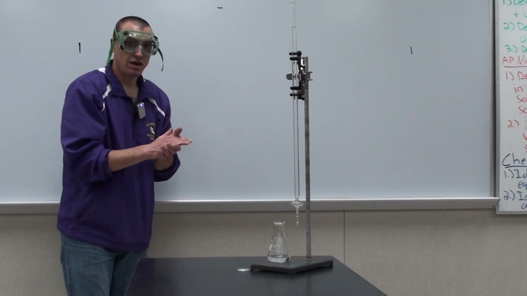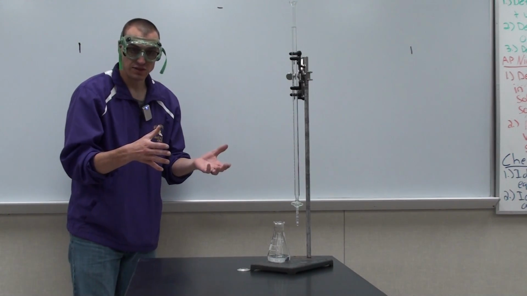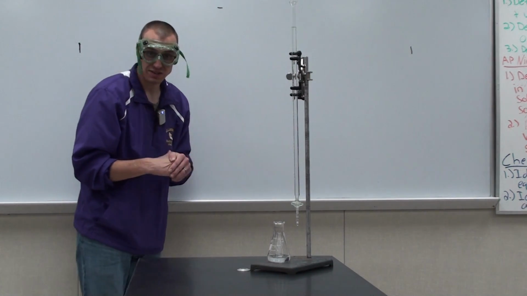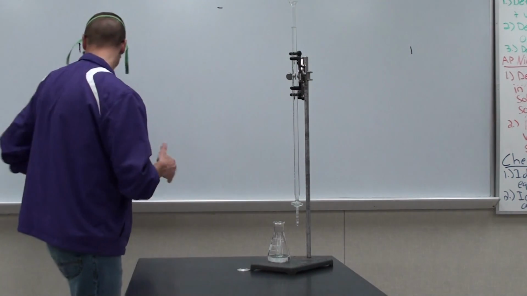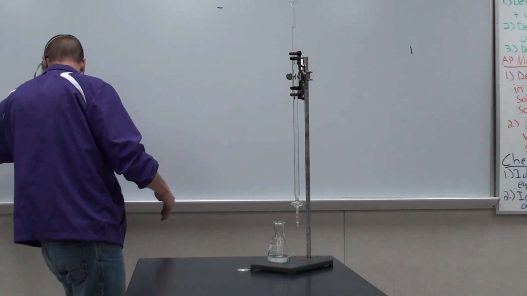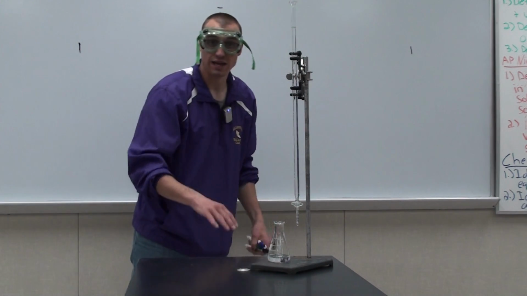We've already been looking at strong acids and strong bases, and so if we just have a strong acid, the way in which we find the pH is we take the negative log of the concentration of that acid.